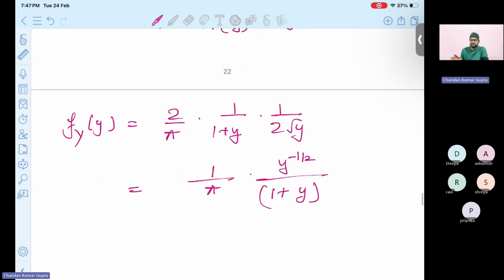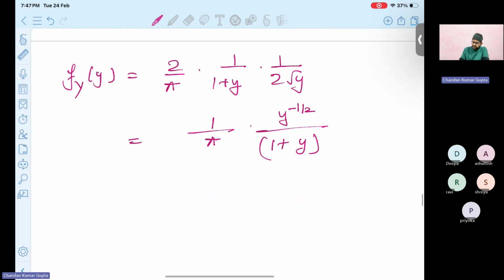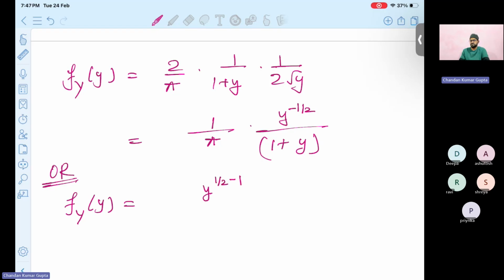This can be rearranged in a different format as well, because it is not in a known form. Actually, it is a known form, but you may not properly recognize it. It is like y to the power 1 by 2 minus 1, and the denominator term is pi, 1 upon pi, and this 1 plus y can be written as 1 by 2 plus 1 by 2.